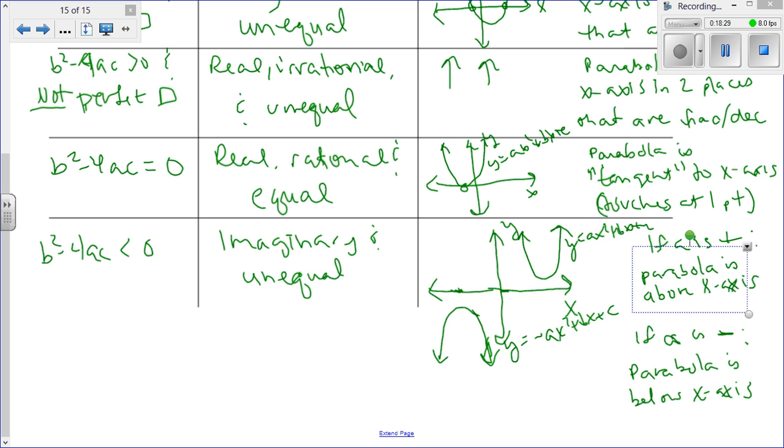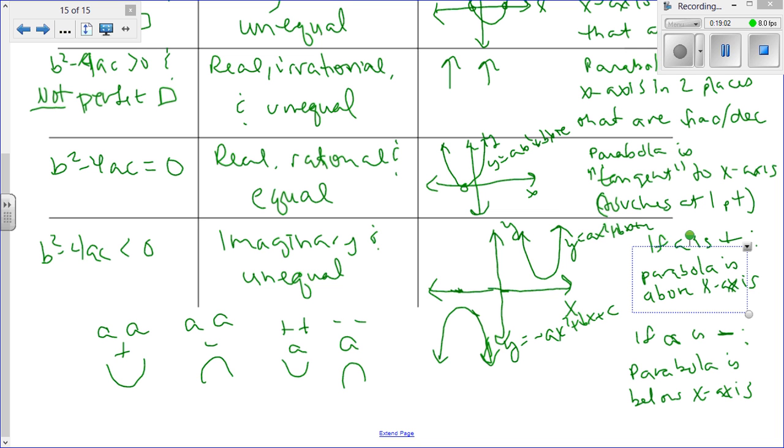If a is negative, then your graph opens down. But a little thing I do to kind of help remember that is I have a, positive, my graph opens up. Or you'd have a, negative, and your graph opens down. That's one way to remember it. The other way is positive a opens up and negative a opens down.